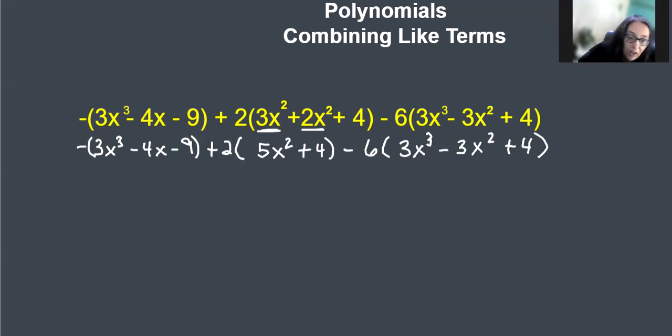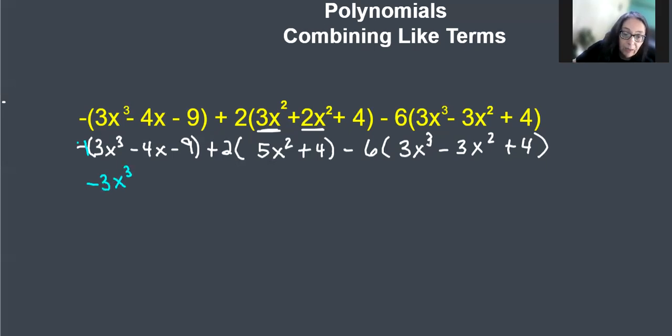Take a look. I'm going to change the color up here first. Let's go with this one. For this first set of parentheses, I have a negative outside. That's like a negative 1, if that helps you. So a negative times a positive 3 is a negative. 1 times 3 is 3, and I'm going to carry the x cubed along.